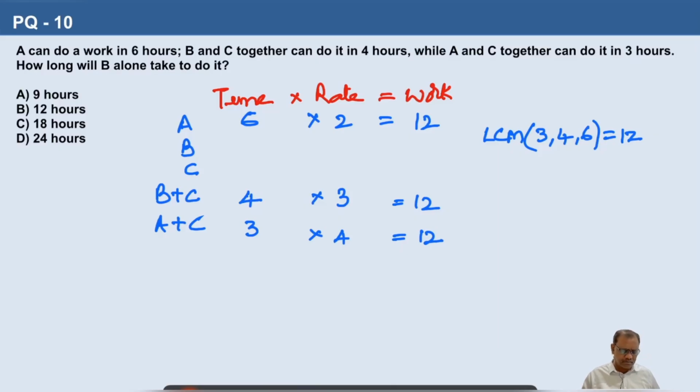Now, to find out B alone, from B plus C we have to subtract C. But we don't know what C is.